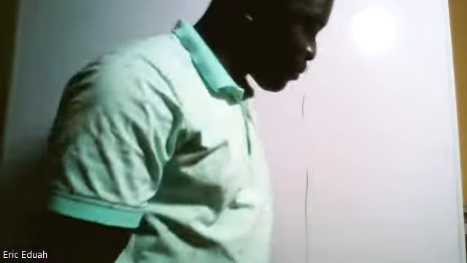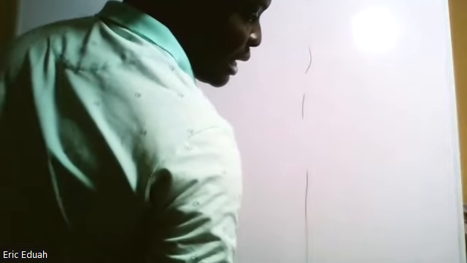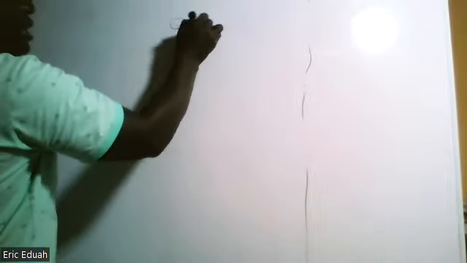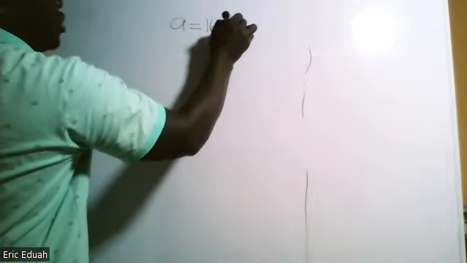Okay, so what is the angular acceleration of an object in a circular path of radius 15 meters with a linear acceleration of 16 meters per second squared? So the linear acceleration a is given as 16 meters per second squared.